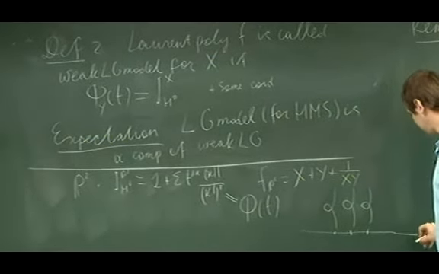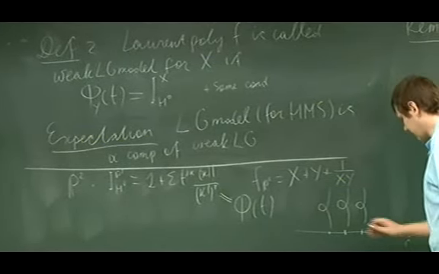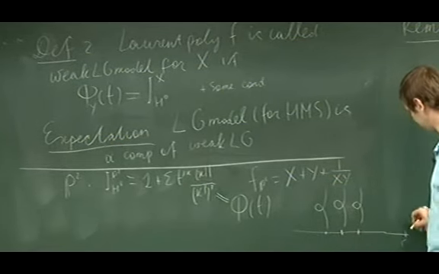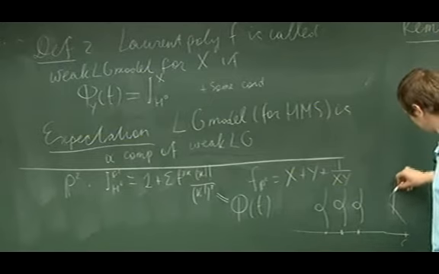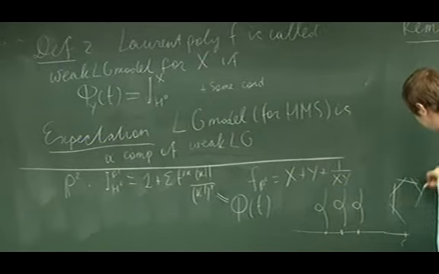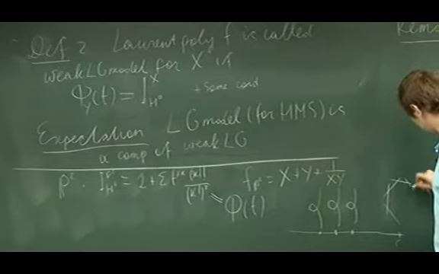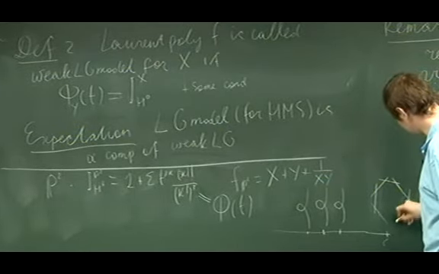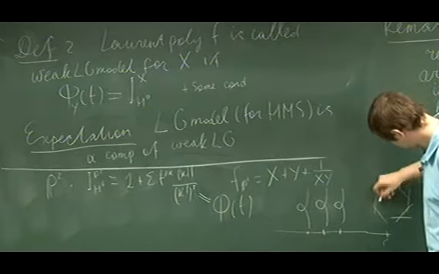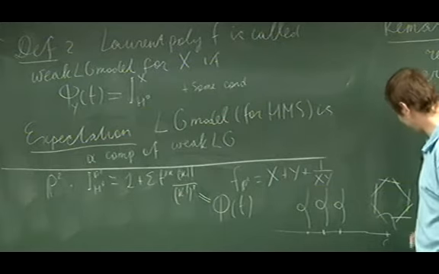And on infinity, if you want to compactify, it's a wheel of 9 projective lines: 1, 2, 3, 4, 5, 6, 7, 8, 9.